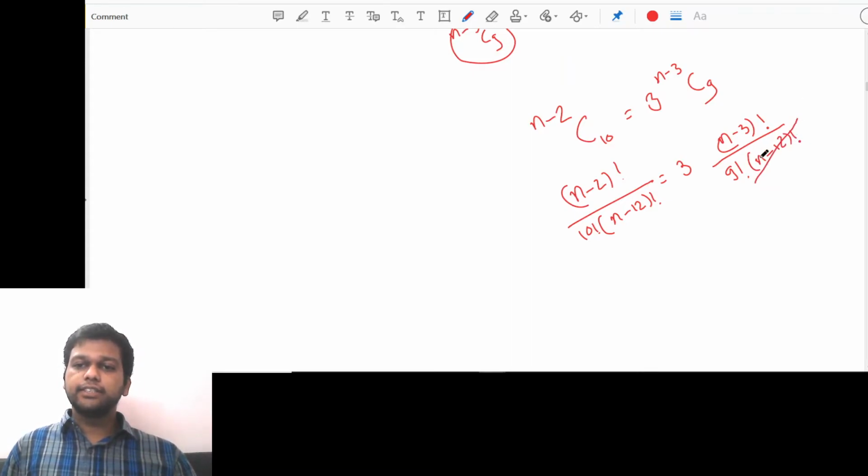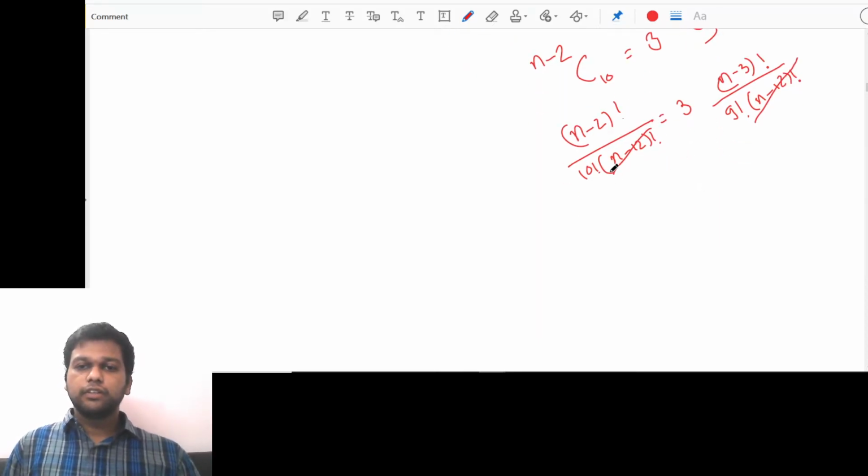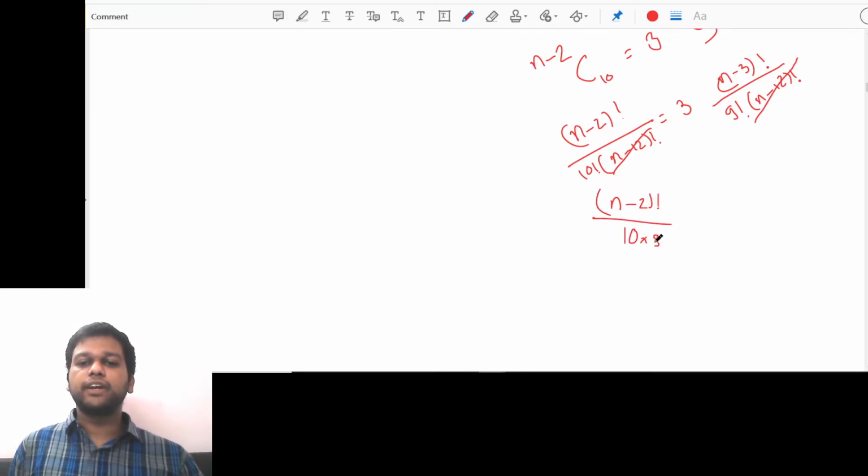So we can cancel this n minus 12, n minus 12. So what is remaining? Let me write this a bit straighter. This is n minus 2 factorial upon 10 factorial. 10 factorial is 10 into 9 factorial, is equal to 3 into n minus 3 factorial upon 9 factorial.